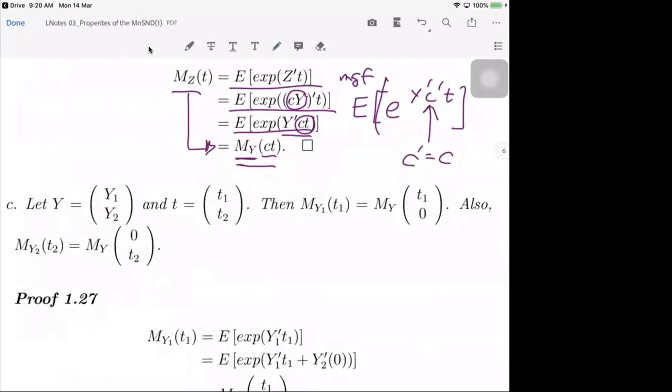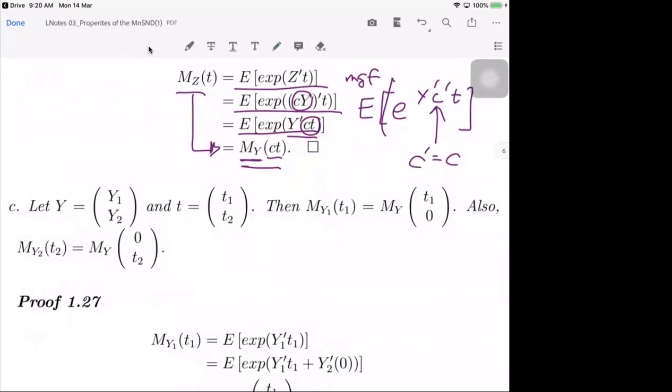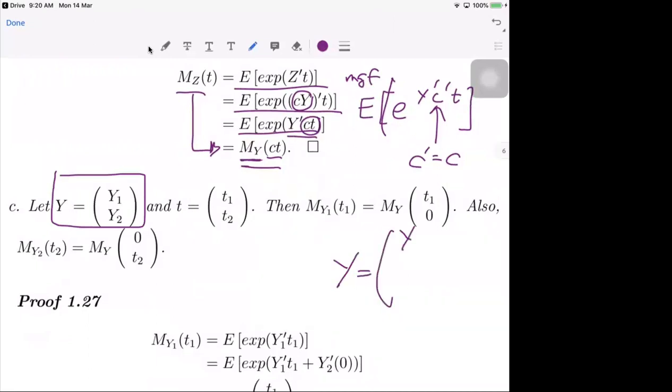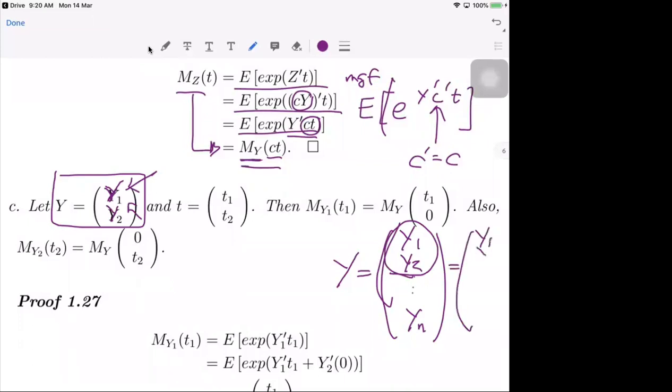Suppose we partition your Y. Again, your Y is from Y1, Y2 to Yn. Suppose we will partition it. So the Y1, Y2 here is not just two variables. It can be a matrix or a vector within. So we can subdivide it as Y1, Y2 to Yp, and then Yp plus 1 to Yn.